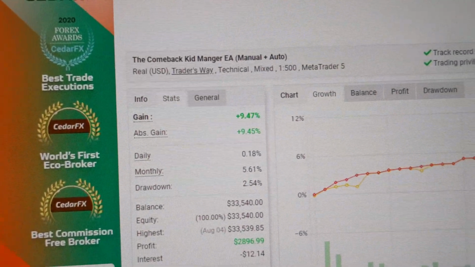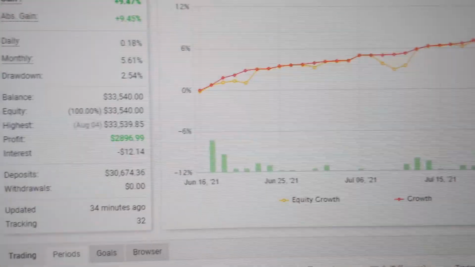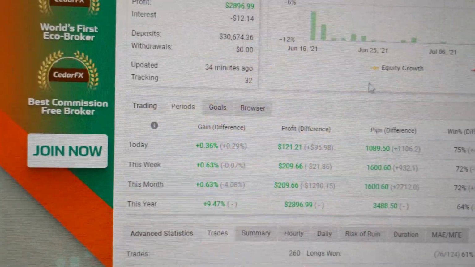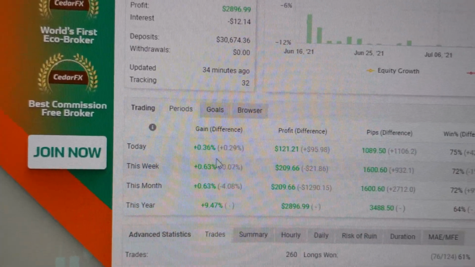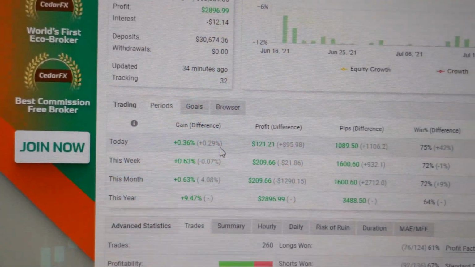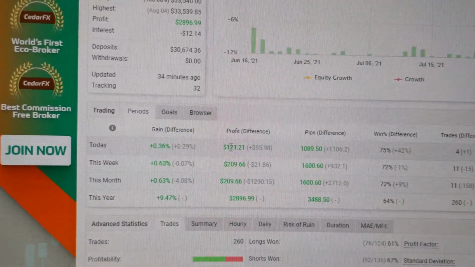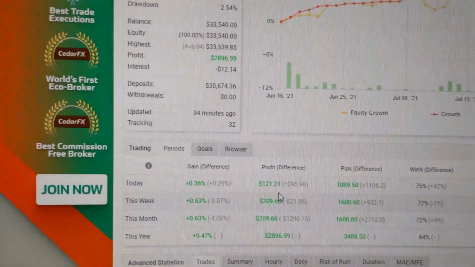So pretty good overall. So my numbers here are 9.47% overall over the last 7 weeks or so. And for this week alone, we're looking at a profit of 0.63%. So today, 0.36%, so just $121, but $200 for the week.